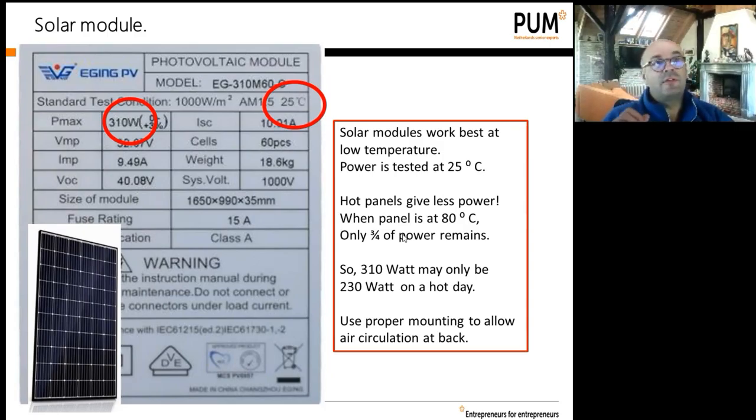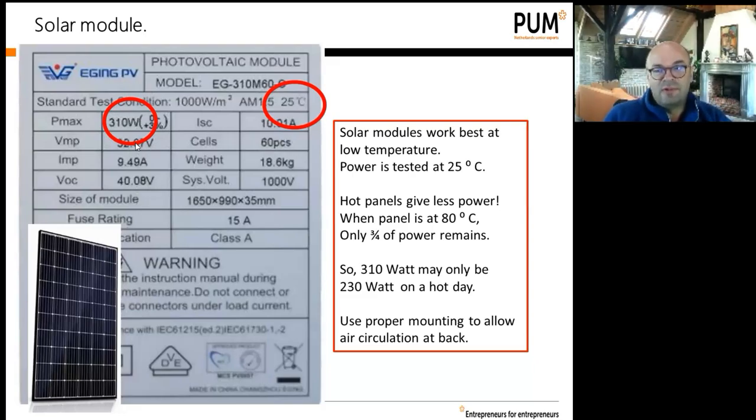So the best condition is basically 25 degrees, like in the morning or the evening in full sunshine, and then you have 310 watts. If you have full sunshine and it's very hot on the panel, you have about 225 watts. Well, it's quite a difference, but it's also something you have to calculate with.